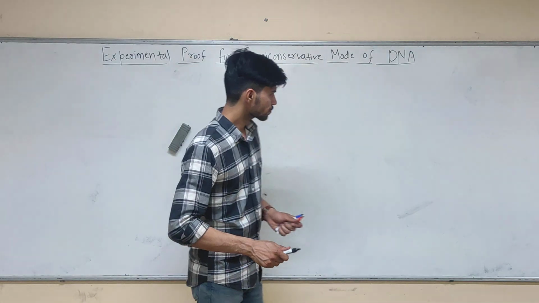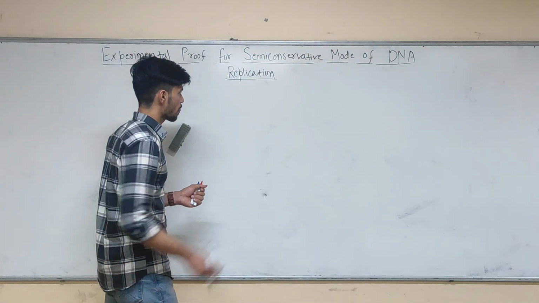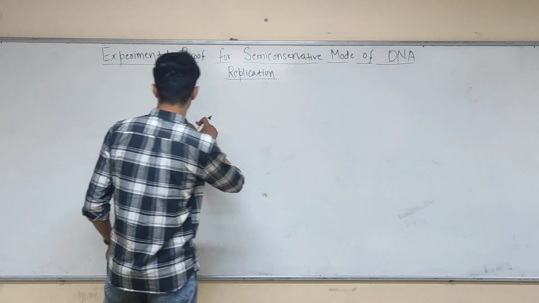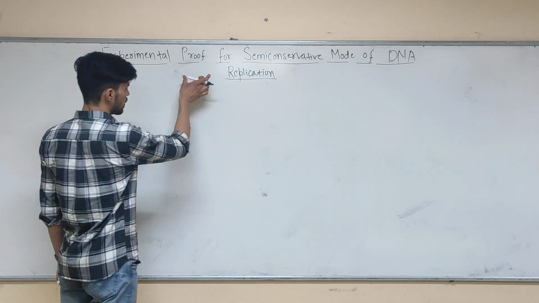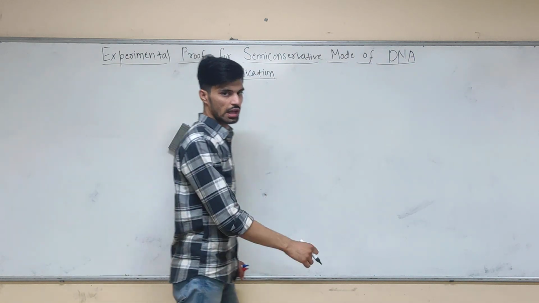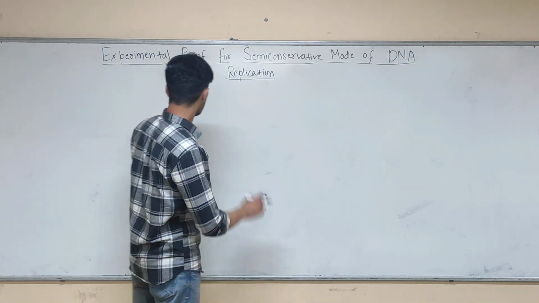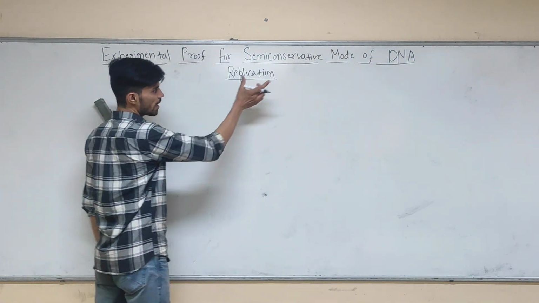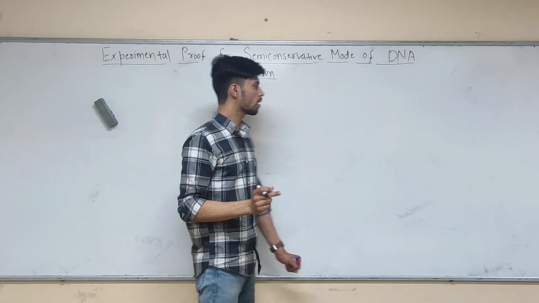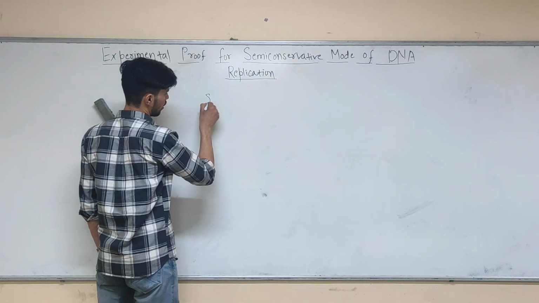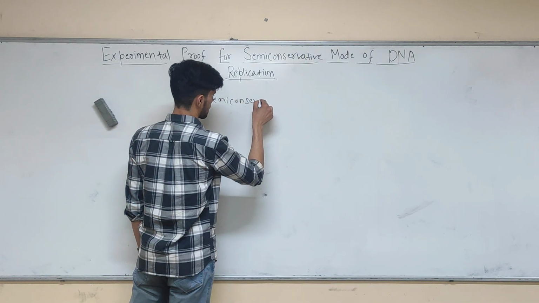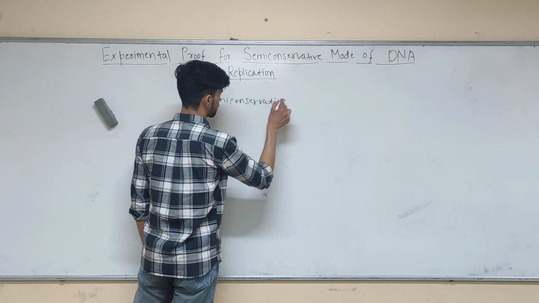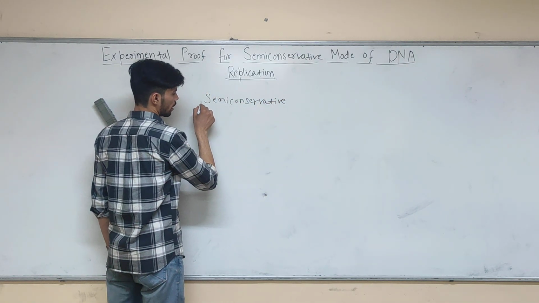First of all, I will talk about our topic, that is, the experimental proof for the semi-conservative mode of DNA replication. What do you mean by the word semi-conservative? Let me write it here.